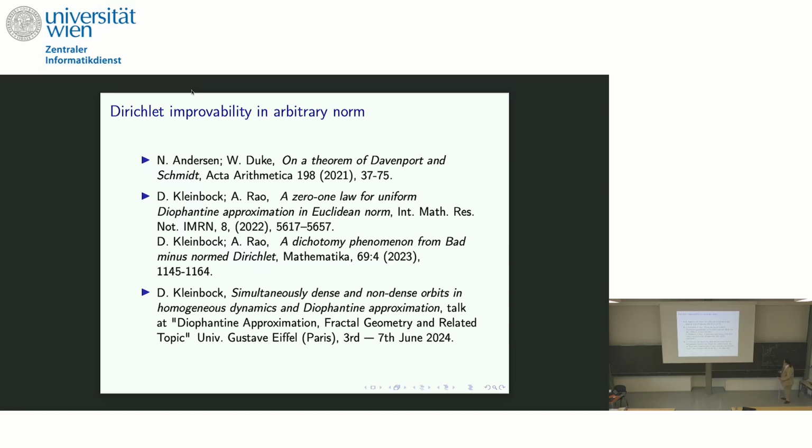The same may be done for different norms, and this was first done by Anderson and Duke. Probably Anderson and Duke's paper was a motivation to study Dirichlet improvability by Kleinbock and Rao in terms of dynamical methods.